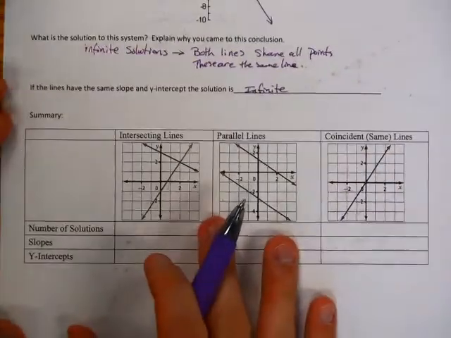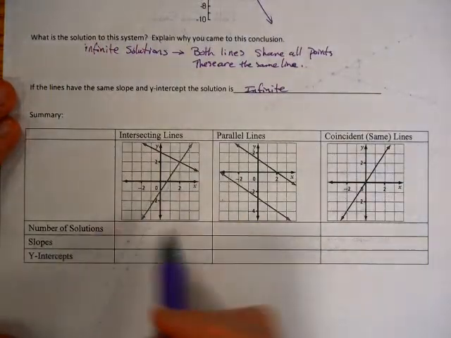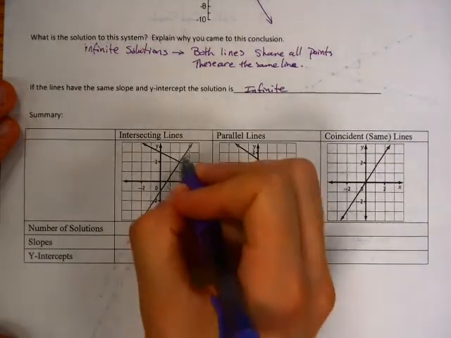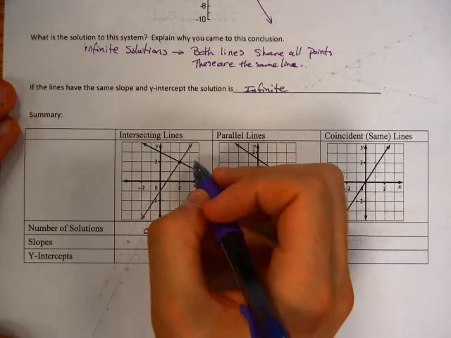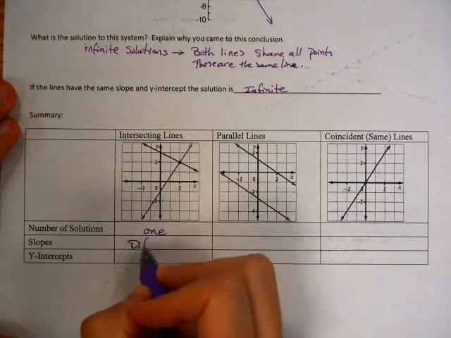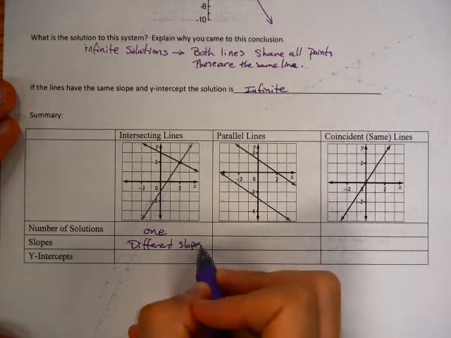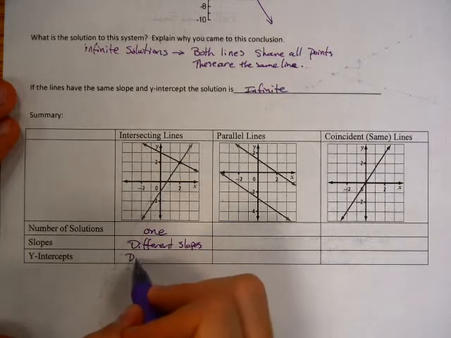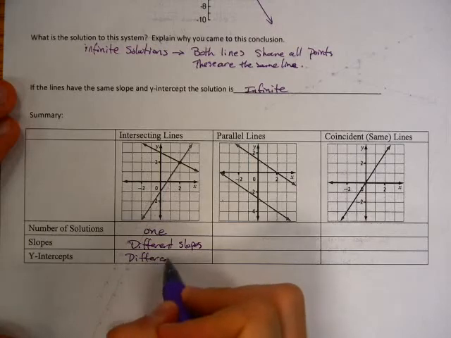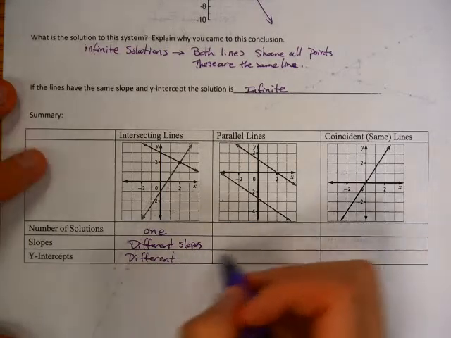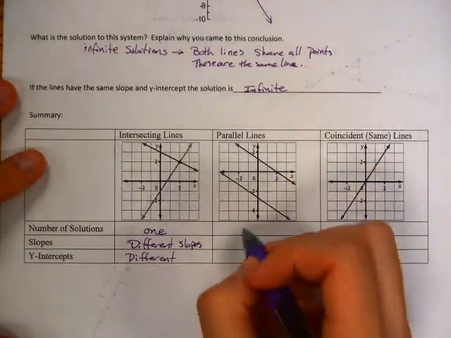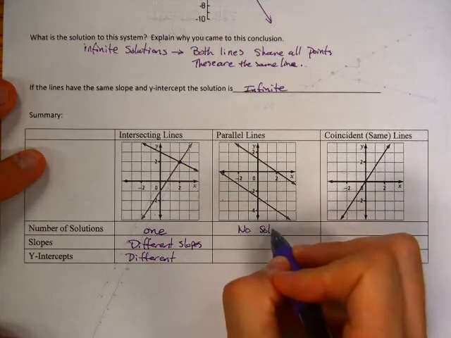So in summary, down here, this has one solution because it intersects at one point. They have different slopes, okay, and different y-intercepts. Alright, these two lines have no solution because they're parallel.